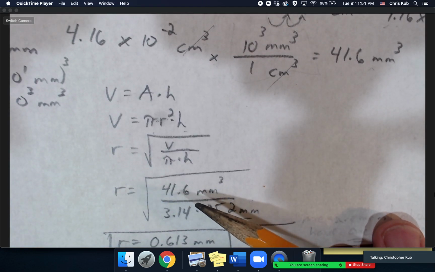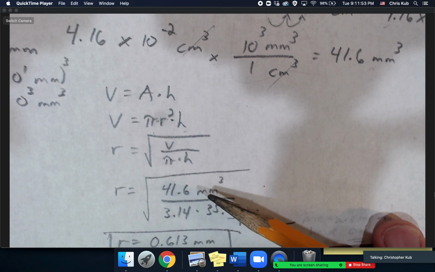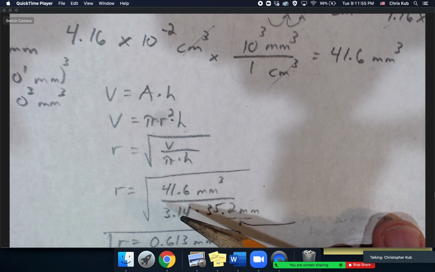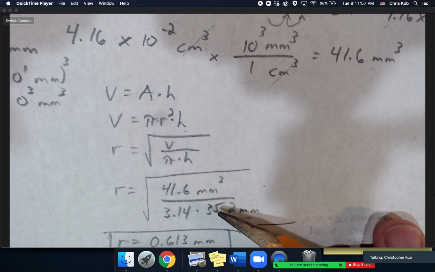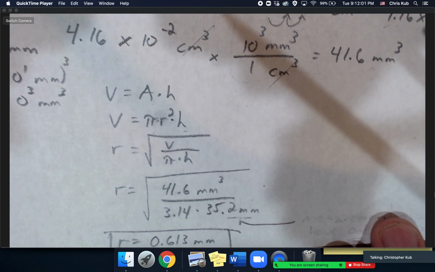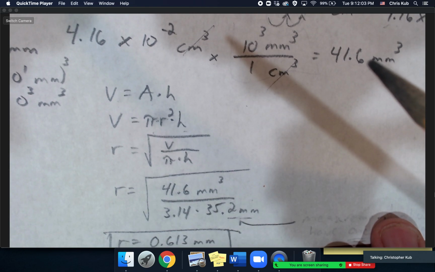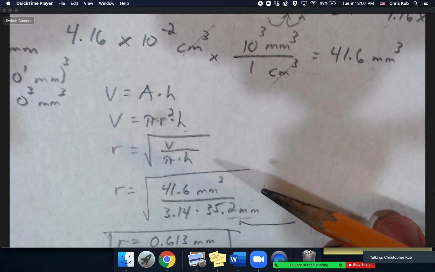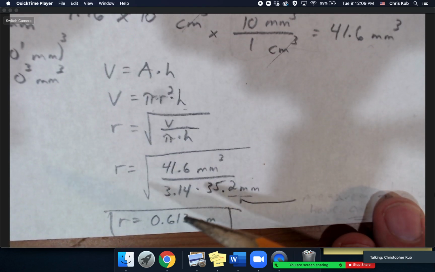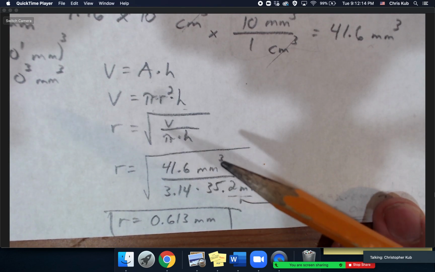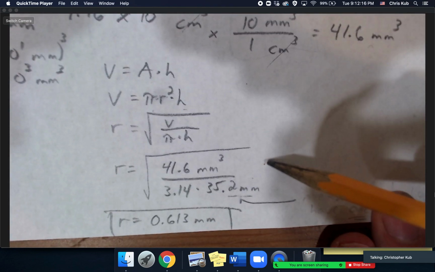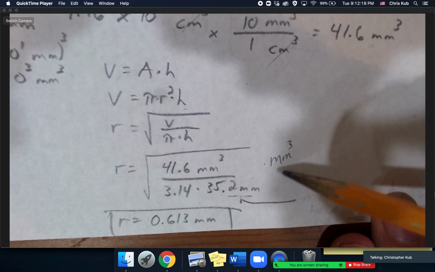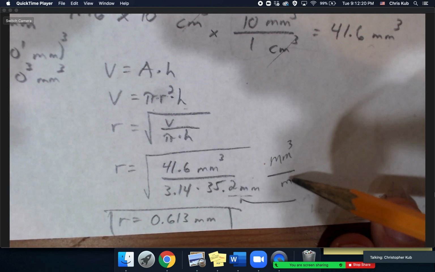The volume of the container is 41.6 millimeters cubed, and we plug in pi, and the height was 35.2 millimeters. Now I know above we wrote it was 3.52 centimeters, so we had to multiply by 10 to convert into millimeters. So, figuring out what units are left over, we had millimeters cubed, and then we divided by millimeters.